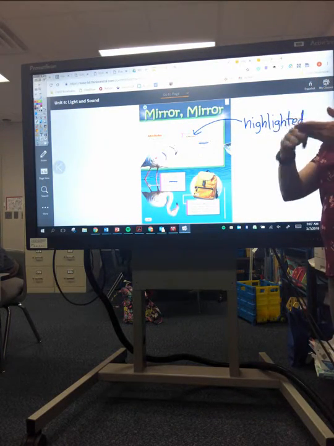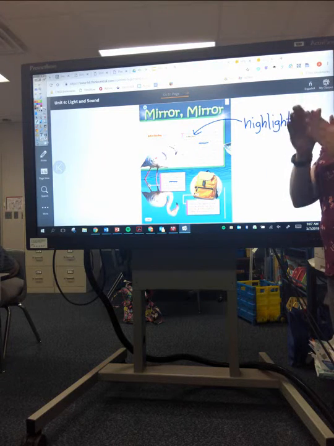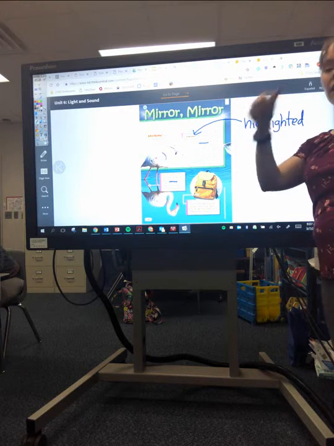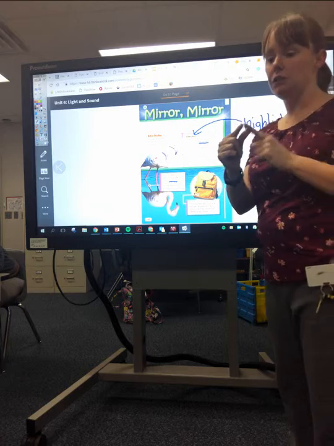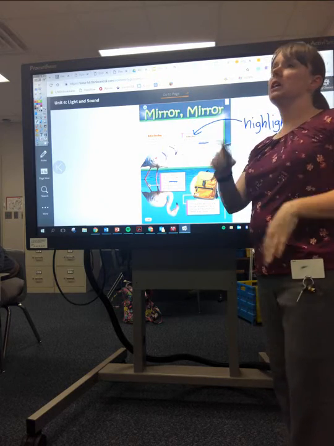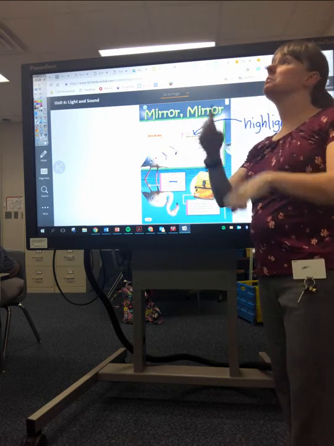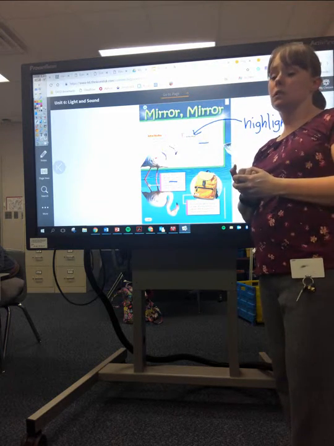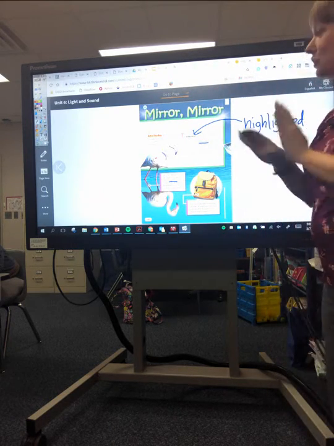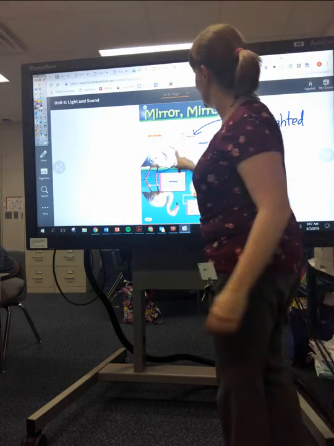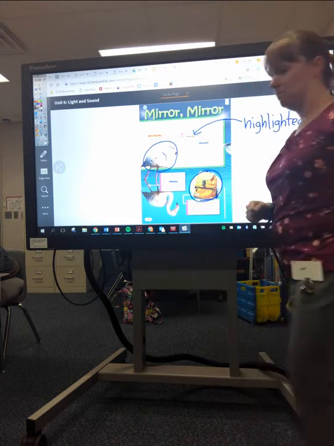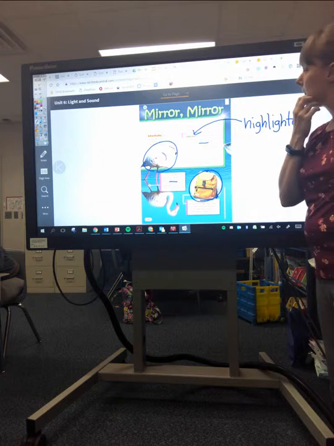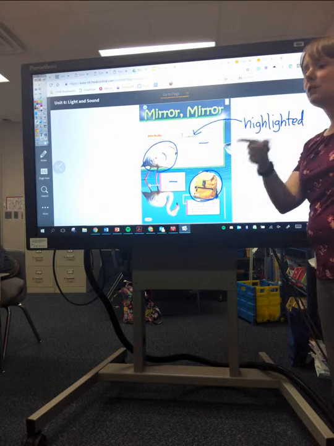Do you notice any nonfiction text features? Like Ashley said, highlighted words. Could be diagrams, could be pictures, could be titles. Oh, we see some pictures. Yes. What do you see?